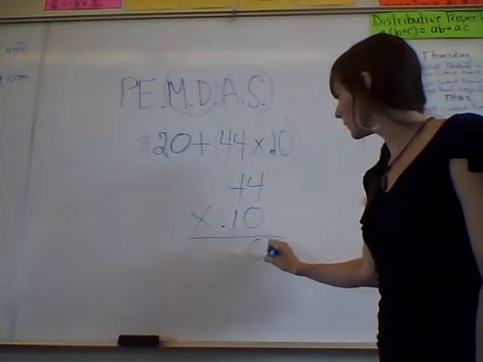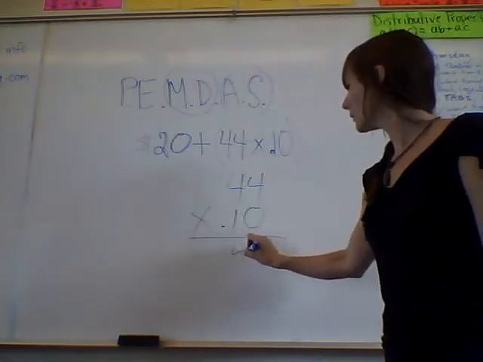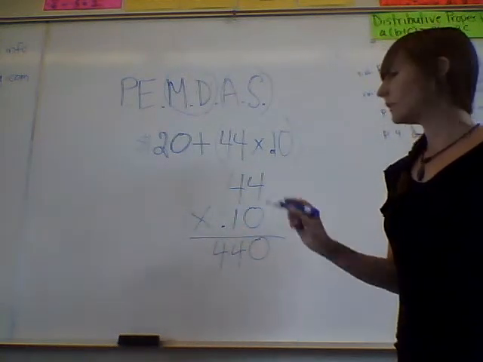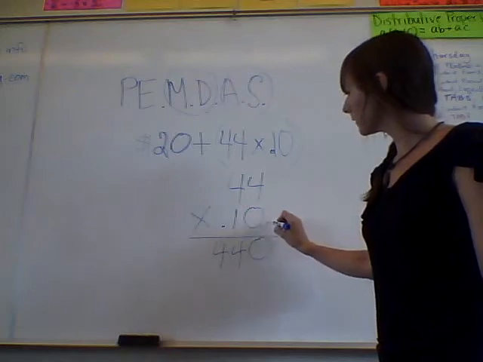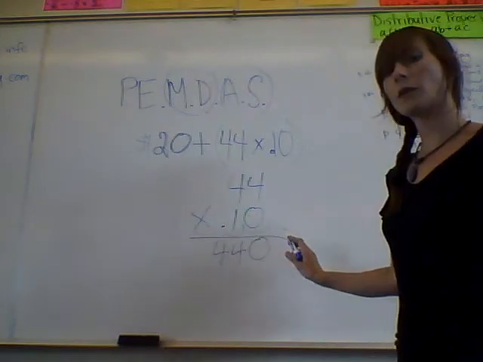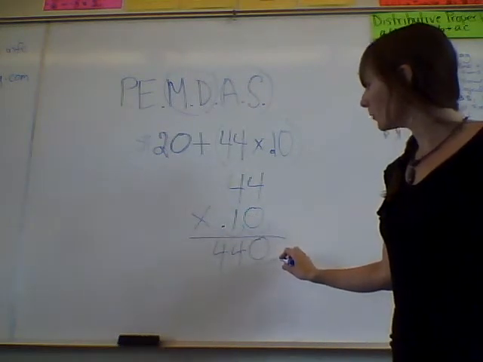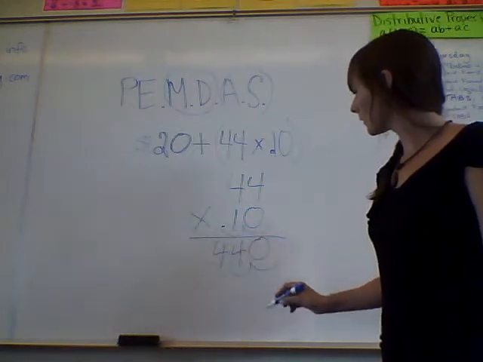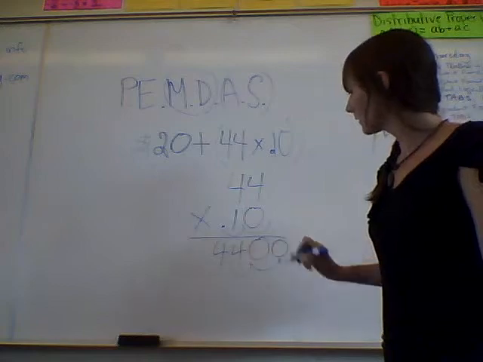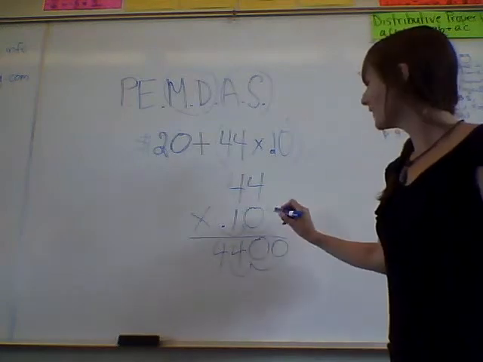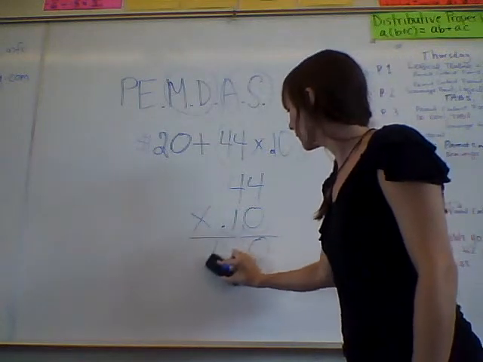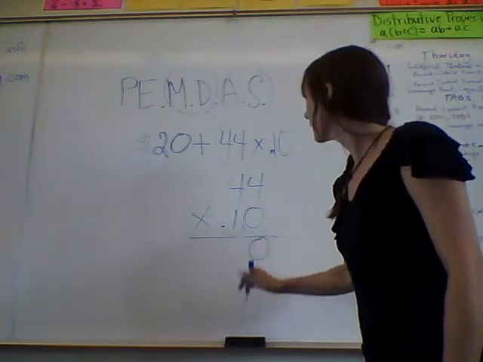Okay, so it's going to be a 0, and then 4, and a 4. So the answer is 440. Now, we took out 2 decimal places, 1, 2. So we're going to go to the end of this answer, and we're going to add back in 2 decimal places. Oops, I'm sorry, I forgot a 0. So I did that shortcut. Normally, this first line would be 0, and then we'd go over another 0.